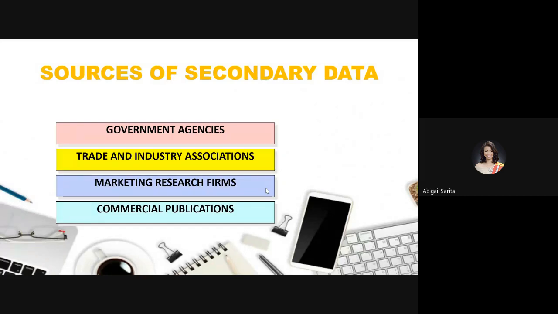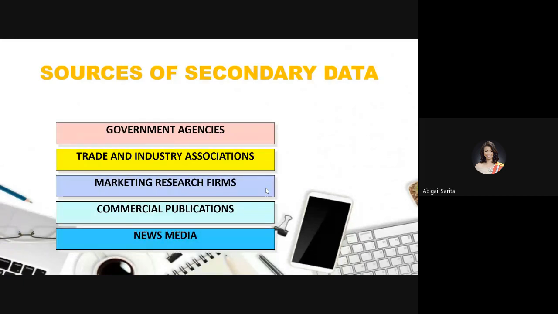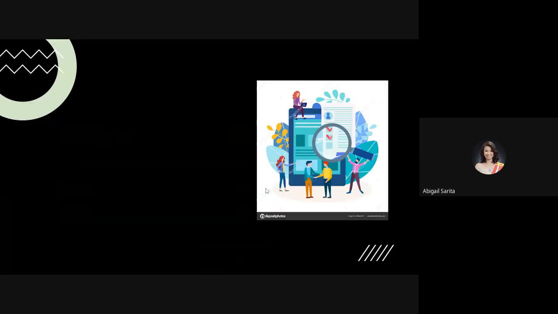So meron na silang publicly available data that we called secondary data kasi hindi siya sa inyo galing mismo. And lastly, news media, mga reporters or yung mga broadcasting agencies. So yan, napakarami nilang data analytics or data informations from different people. So class, these are the sources or these are the samples of where you can acquire secondary data.